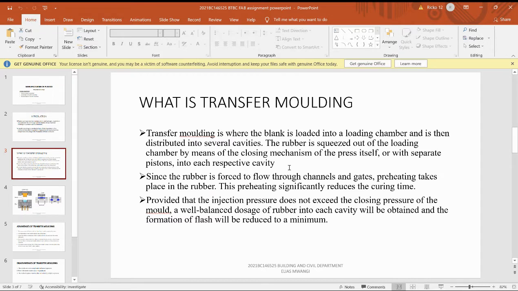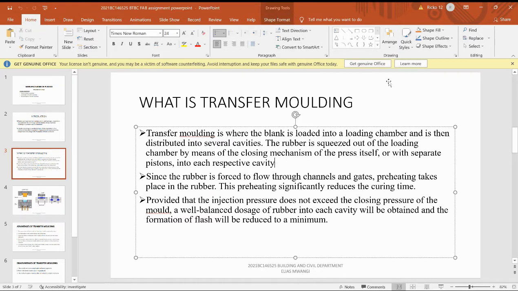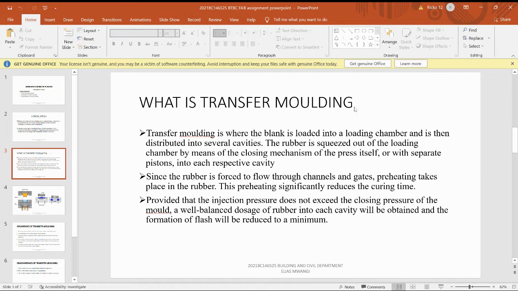As for how the process moves, in transfer molding a blank is loaded into the loading chamber. We get to see a good pictorial view of what this means in the next slide. The blank is preheated and loaded into the loading chamber, and when it is heated and the plunger falls on it, it is distributed into several cavities.